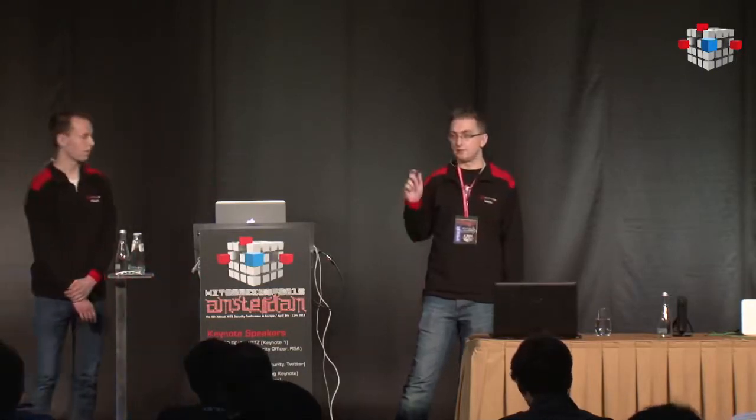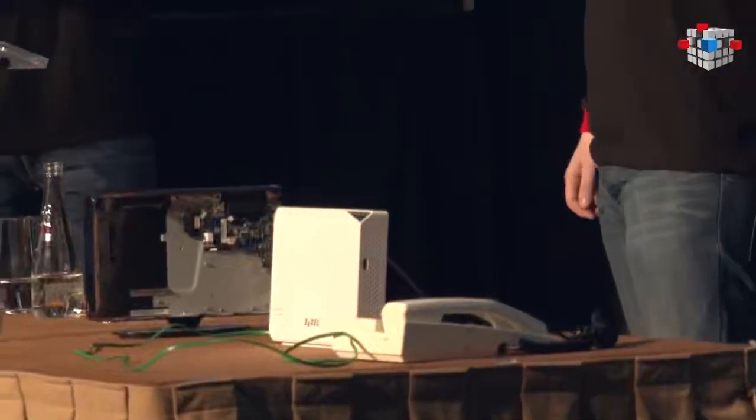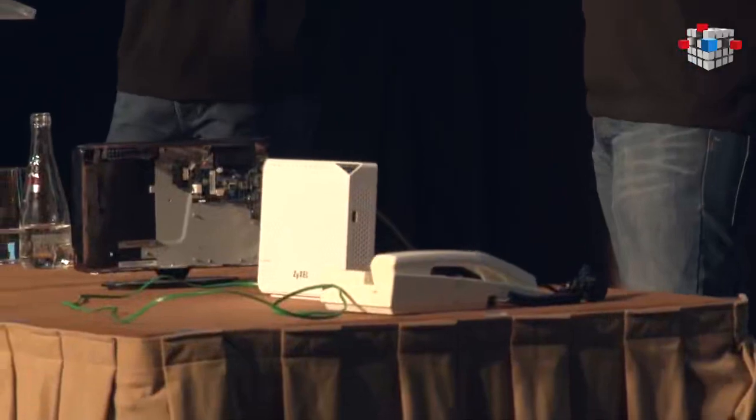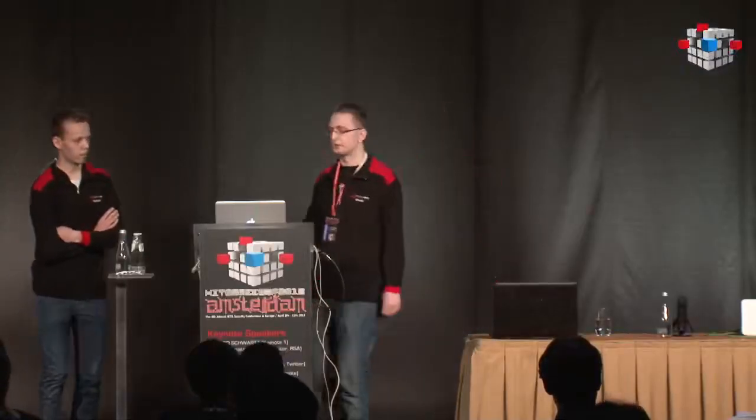Then they have a bunch of old school phone ports where you can hook up an old telephone, like the one we have here. And they provide voice over telephony inside of the firmware of the modem. So ISPs deploy these devices to consumers and they plug in their old telephone and they will be able to call as if it were a regular landline. Of course there's always a power connector and a little reset button for when things go really wrong.